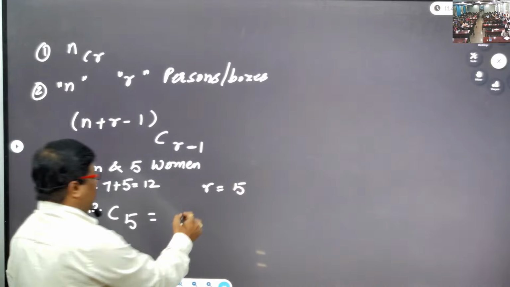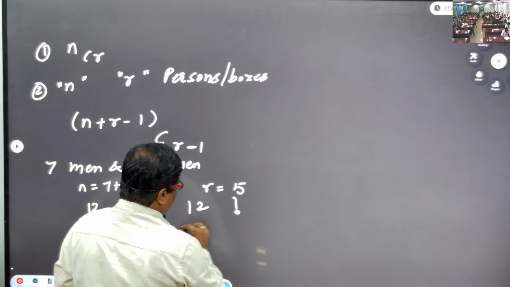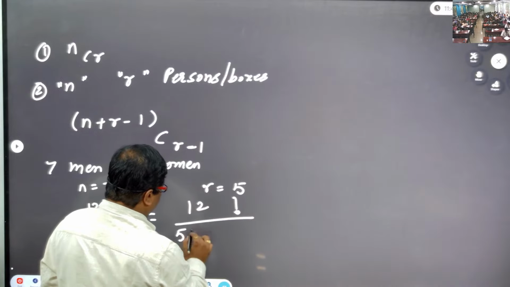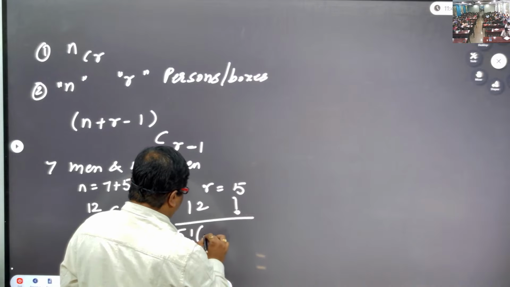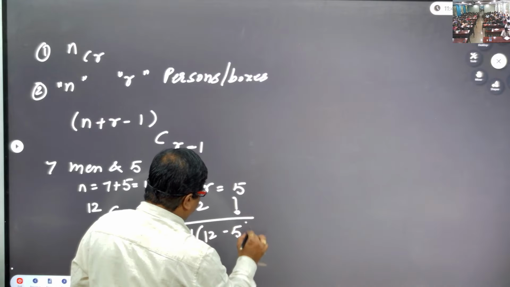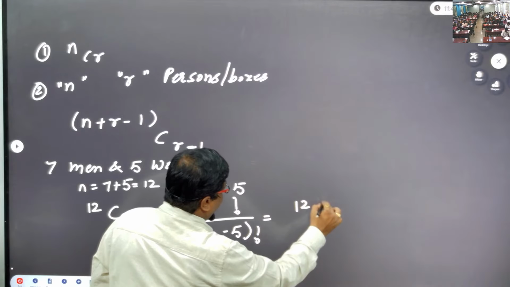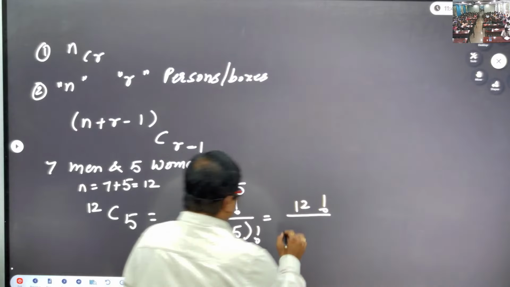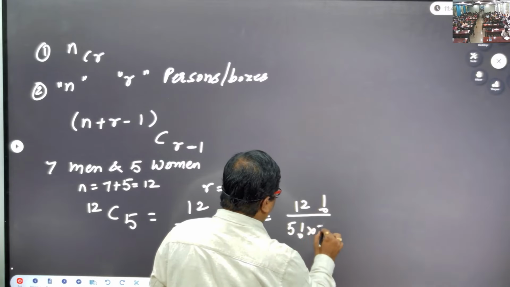12 factorial by 5 factorial into (12 minus 5) factorial, so which is 12 factorial by 5 factorial into 7 factorial.